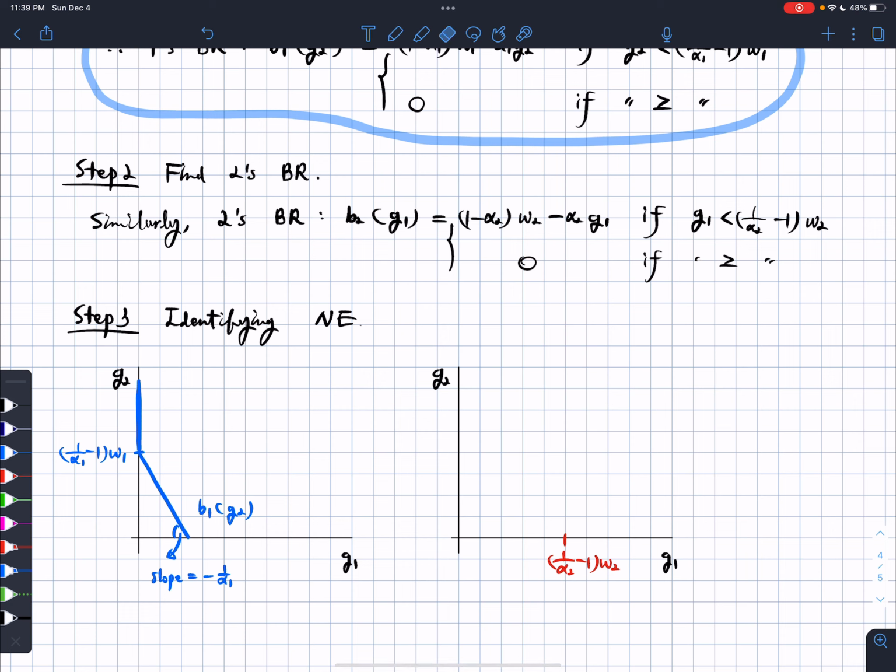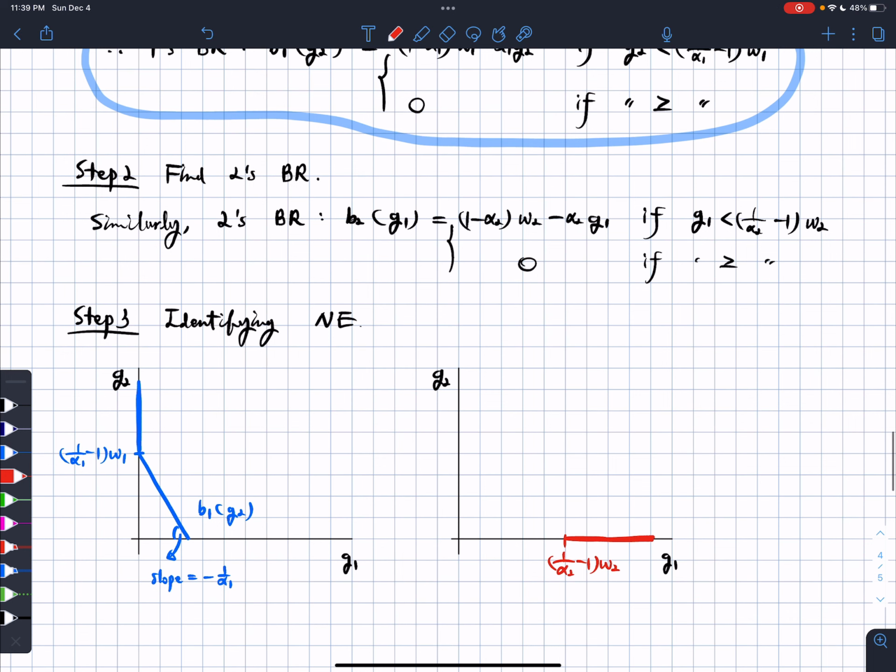When G1 is larger than that, G2 will be 0, so we will have some flat part like this. And when G1 is smaller than that, G2 will be like this, and the slope will be minus alpha 2.